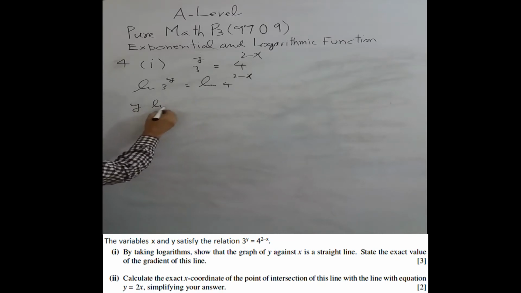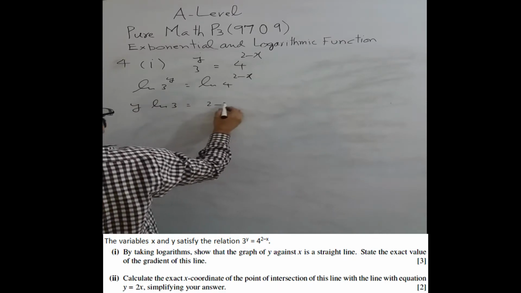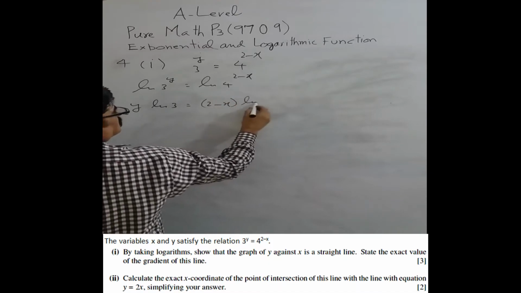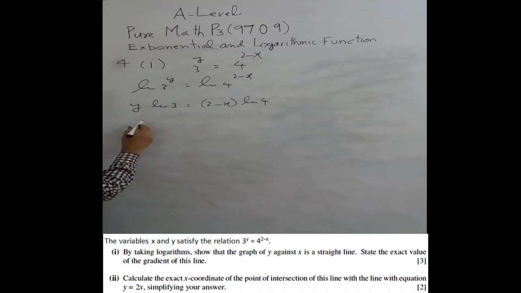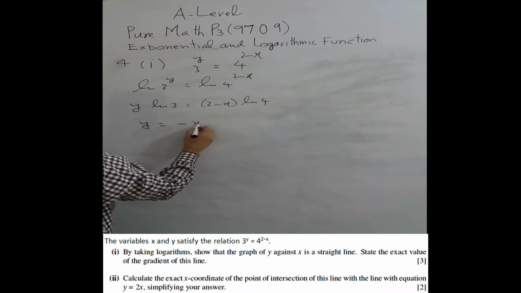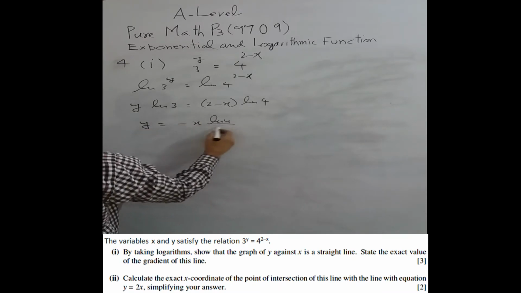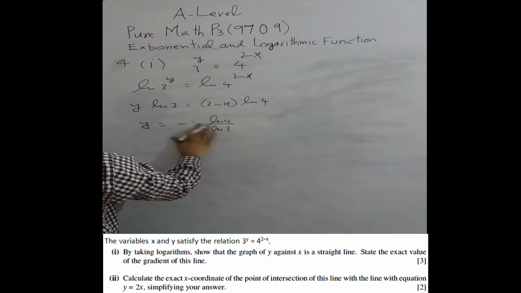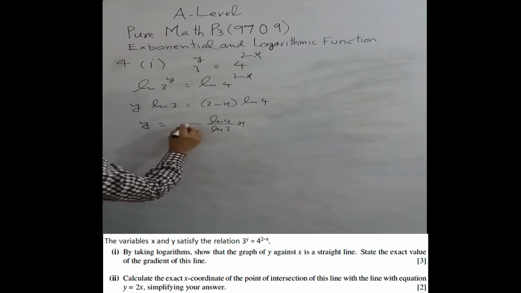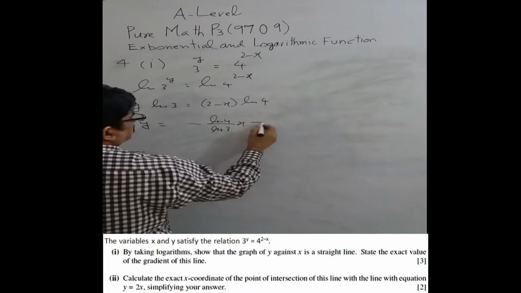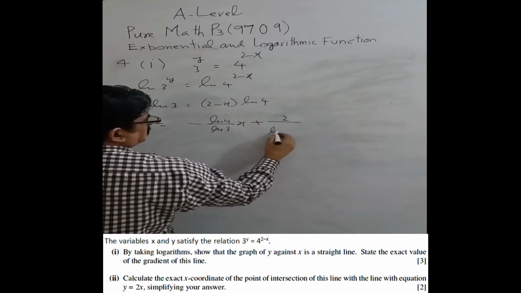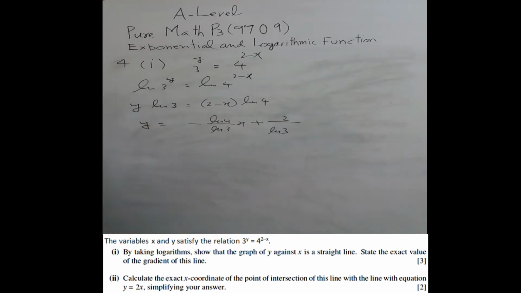Now taking log on both sides, again applying the property of log, ln 4. Now you can write it y is equal to minus x ln 4 over ln 3, plus, shifting ln 3 to the right, 2 ln 4 over ln 3.